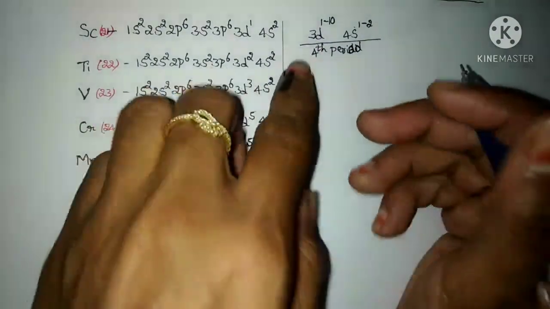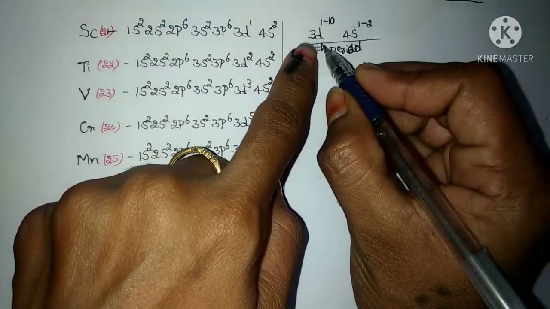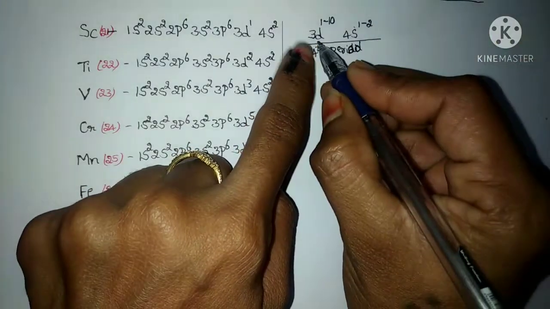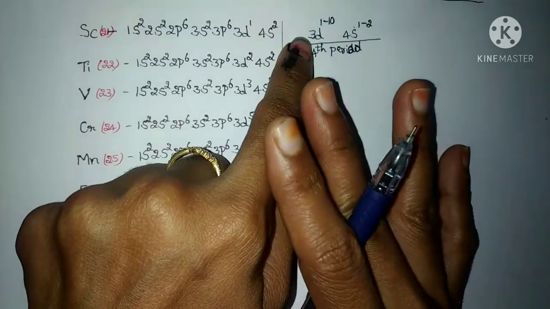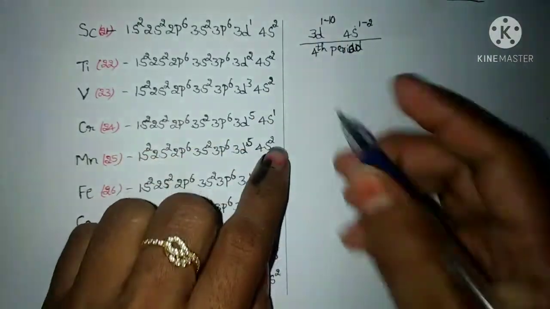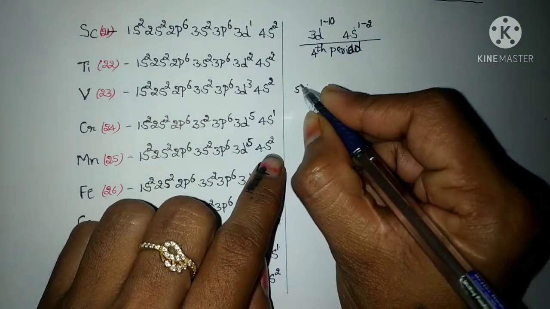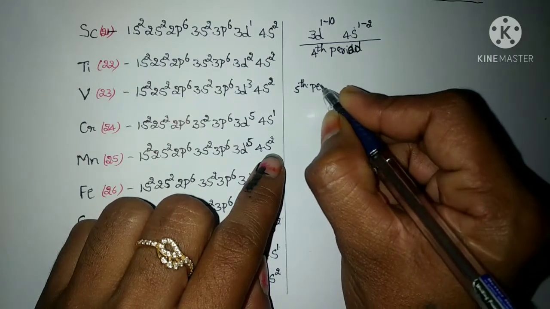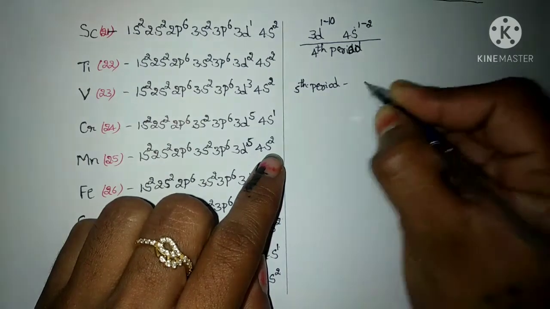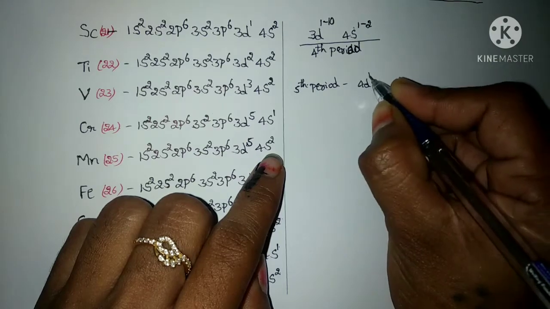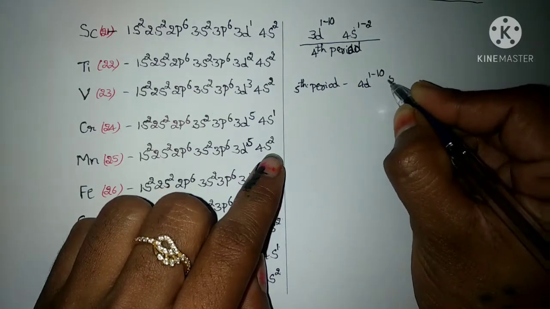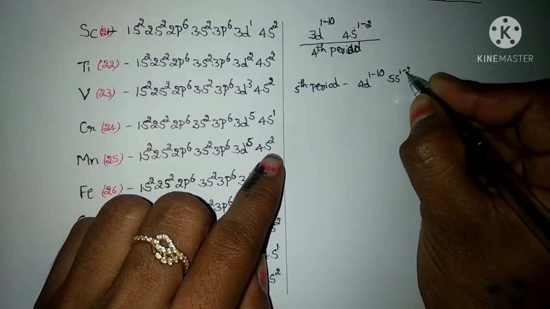Next, for the fifth period elements, just one shell number will increase. Instead of 3, 4 will come, and instead of 4, 5 will come. So for the fifth period it is 4d 1 to 10, 5s 1 to 2.